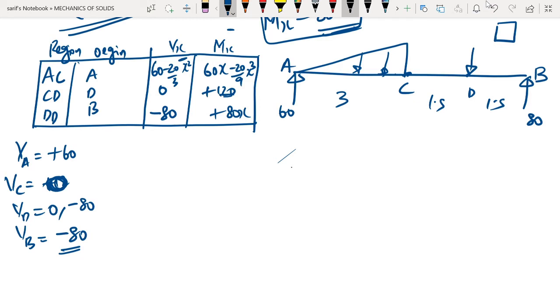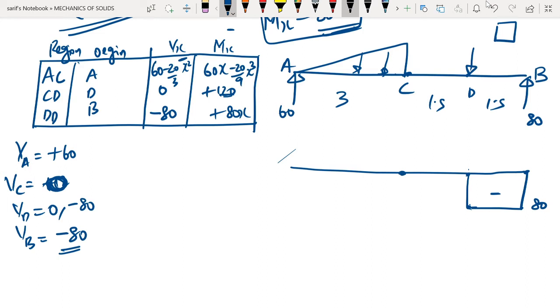Now how to draw this? At B the value of shear force is minus 80. Between two concentrated forces, shear force will have a horizontal variation. So at D the value of shear force is minus 80 and then it is 0. Between points of concentrated forces, the shear force will have a horizontal line.